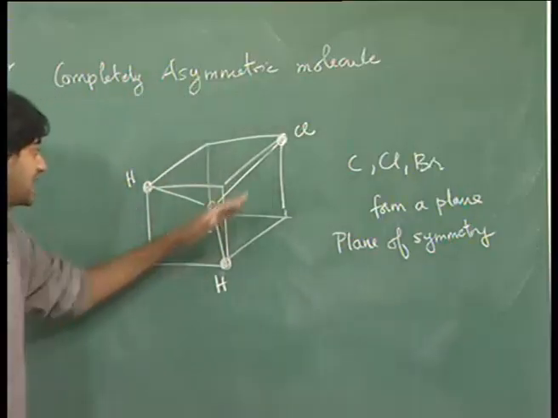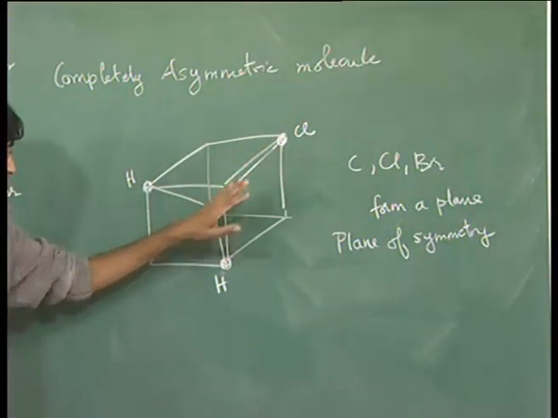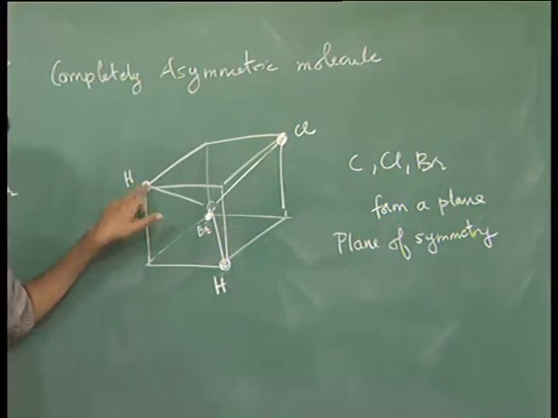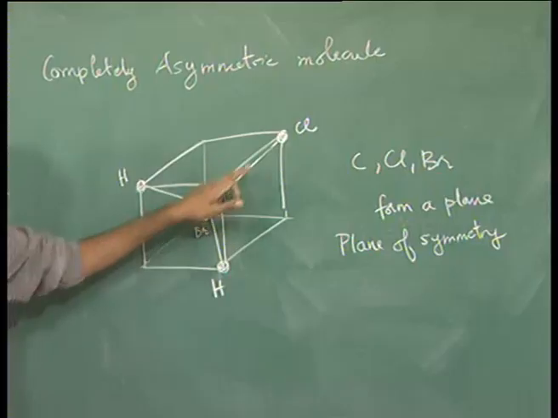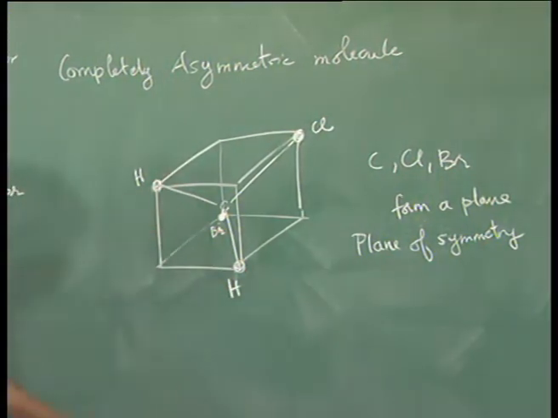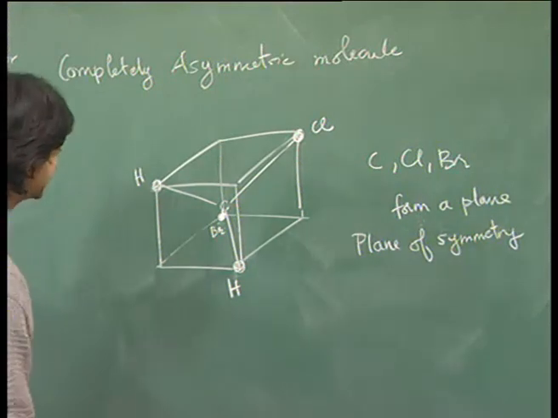In other words, if I had a two-sided mirror here, and I reflected about this mirror, then this H will come here, this H will come here. The atoms in the plane won't change at all. Then I'll get a configuration that looks identical to this.